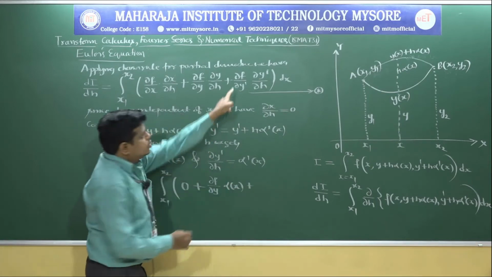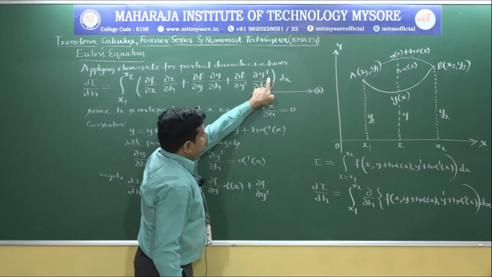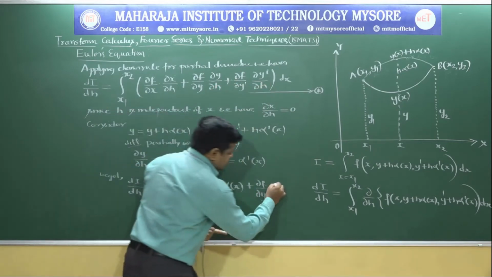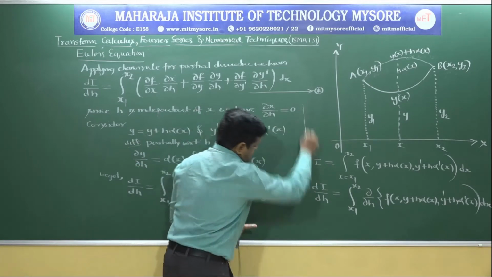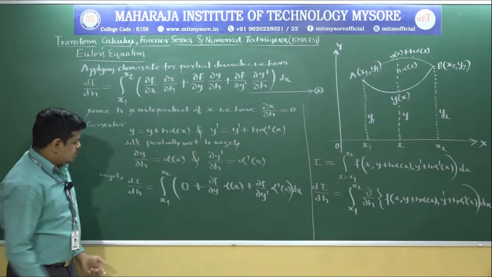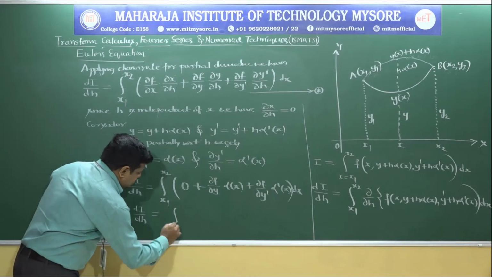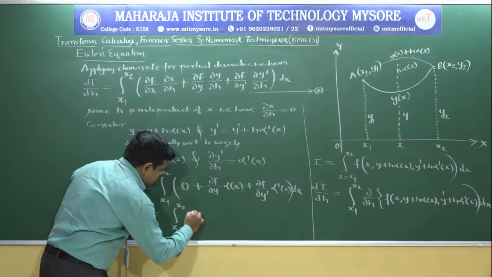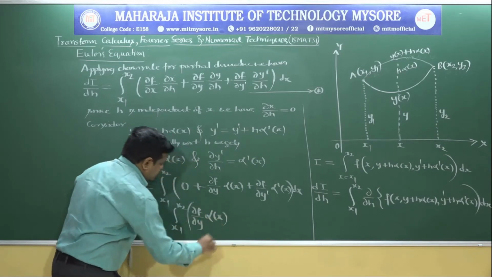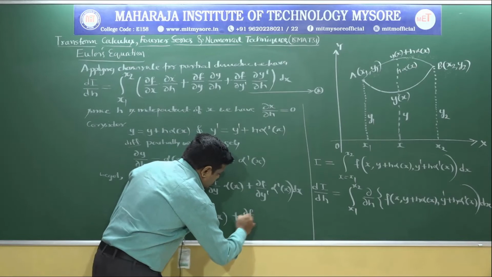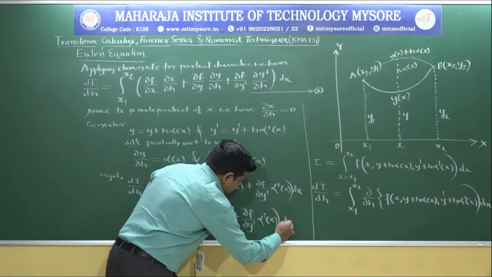In the last term, dou f by dou y dash remains as it is, and dou y dash by dou h is alpha dash of x. Therefore, dI by dh equals the integral of x from x1 to x2 of dou f by dou y into alpha of x plus dou f by dou y dash into alpha dash of x, dx.